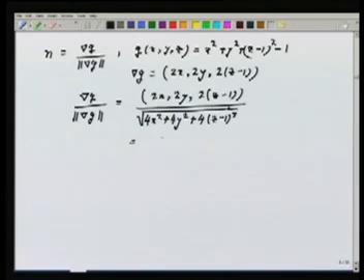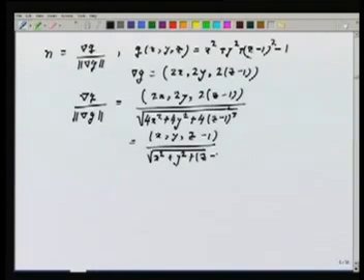So I can take 2 out, I get x, y, z minus 1 divided by, but x, y, z is a point on the surface, and I know x square plus y square plus z minus 1 whole square is equal to 9. So square root of 9, so it is 3. So I get 1/3 times x, y, z minus 1.